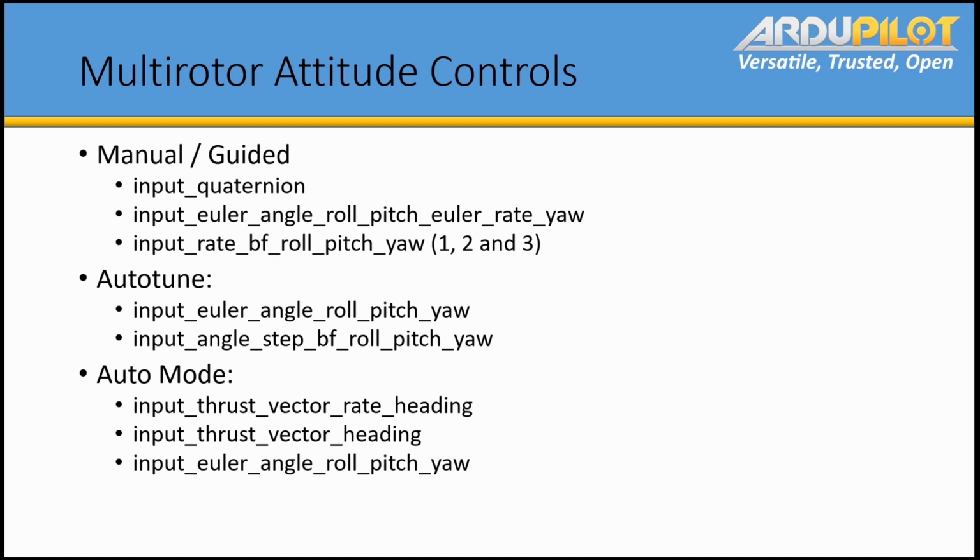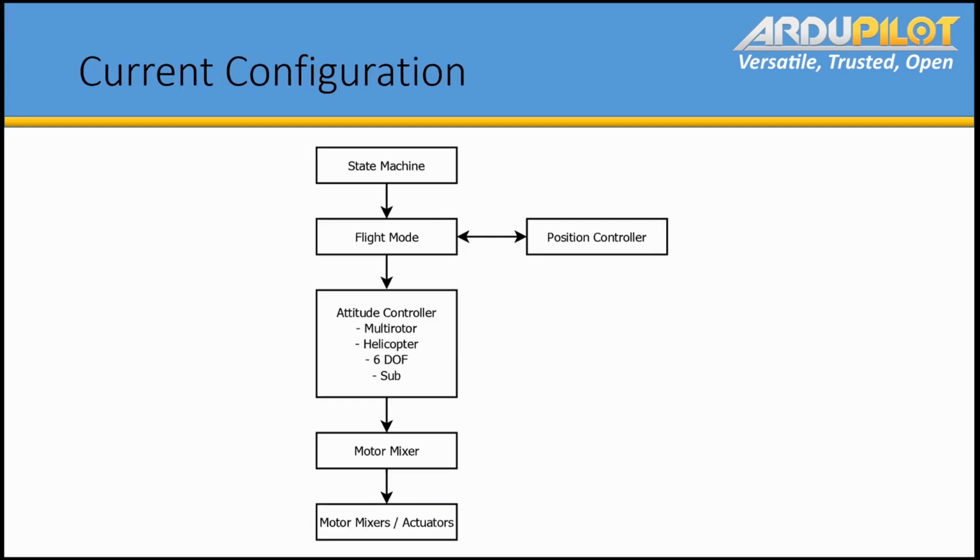There isn't much in the Euler angle roll pitch, and we could get rid of that, but it's basically thrust vector heading, right? So one is using the full quaternion attitude controller. We integrate our rates in the quaternion space and stabilize that target attitude.